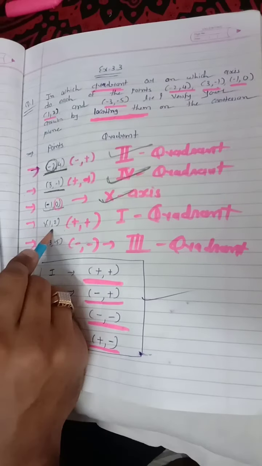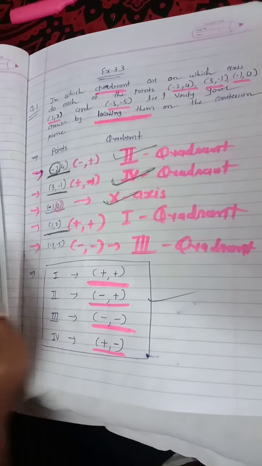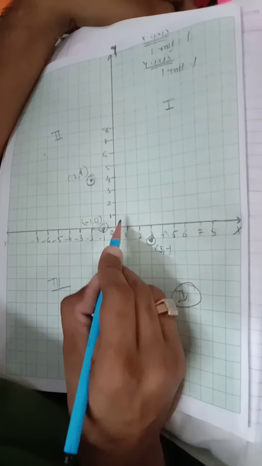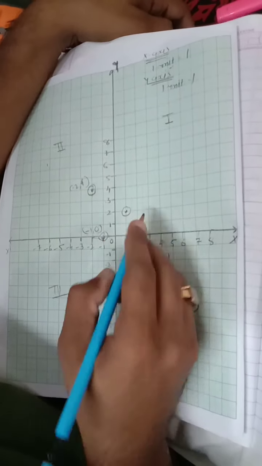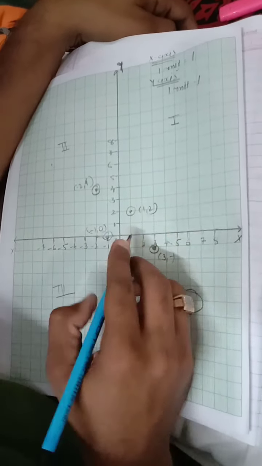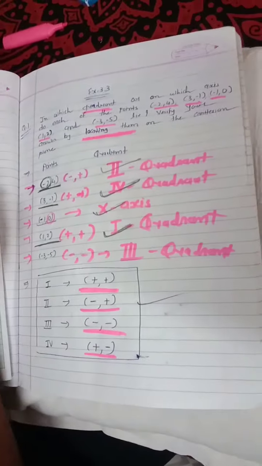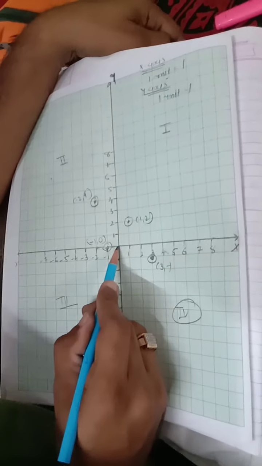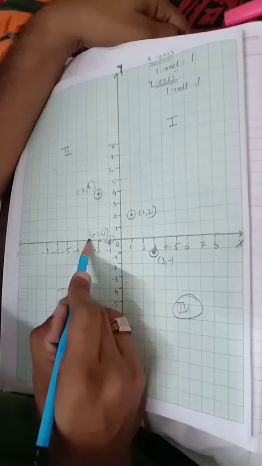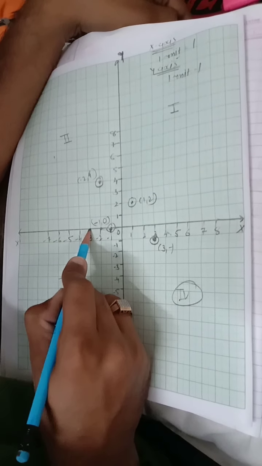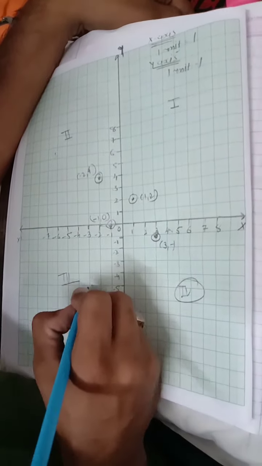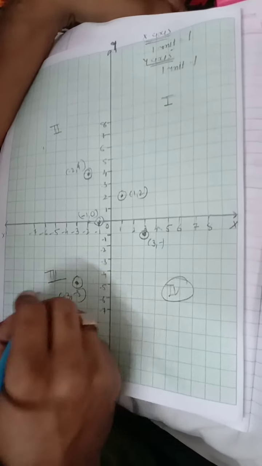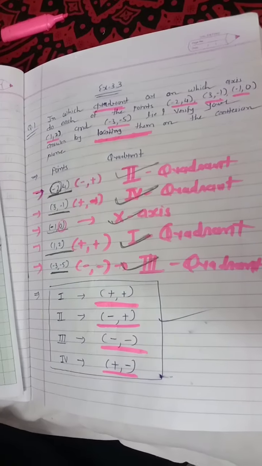Now fourth one, (+1, +2). First I move horizontally 1 point and vertically 2 points. It lies in the first quadrant. For (-3, -5), I first move horizontally -3 points and vertically downward -5 points. So (-3, -5) lies in the third quadrant.